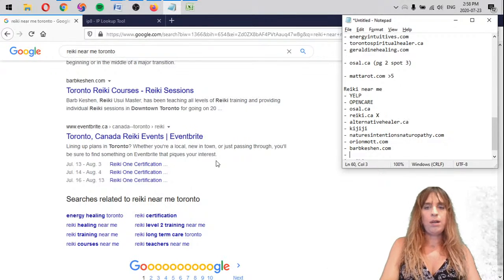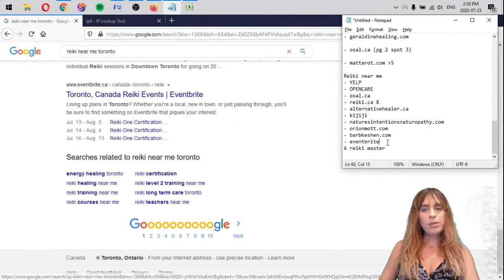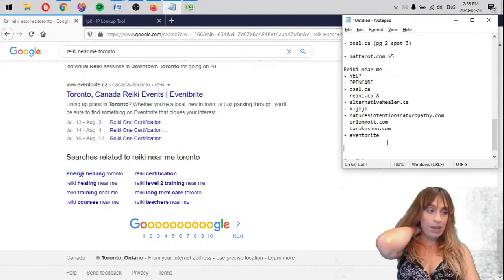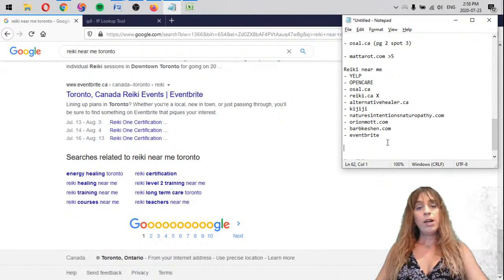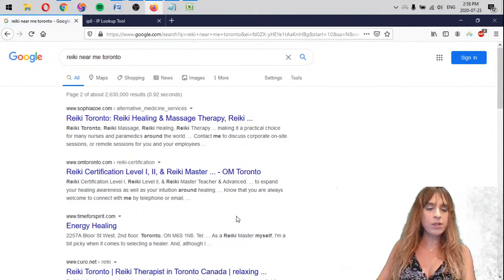Okay. Eventbrite. That's another weird one because Eventbrite pages are, by their very definition, temporary. They're only useful insofar as the event has not yet happened.